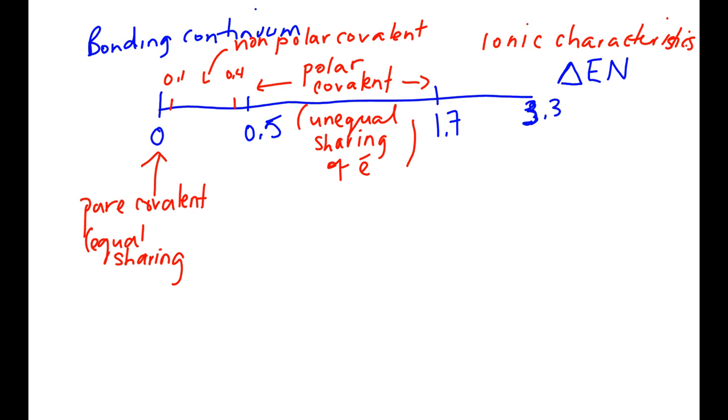Okay, so this is the type of bonding. Covalent bonding is the type of bonding which results when one or more pairs of electrons are shared between atoms. So, Cl2.